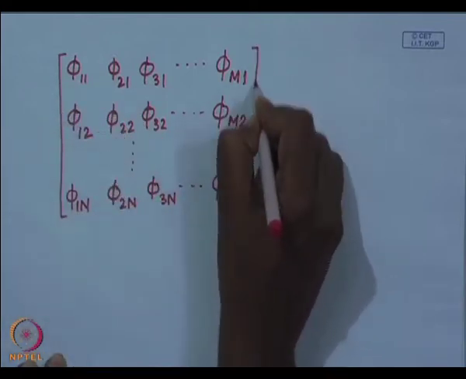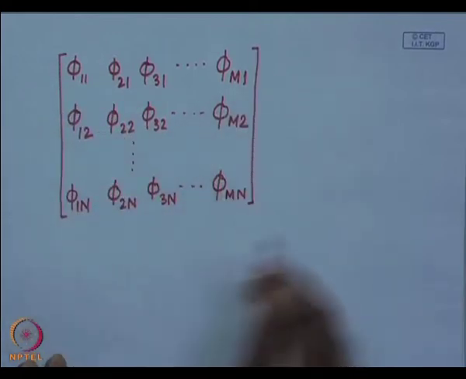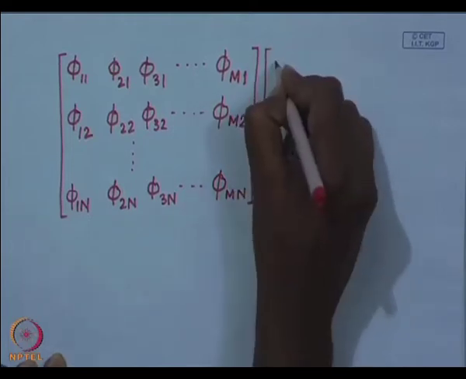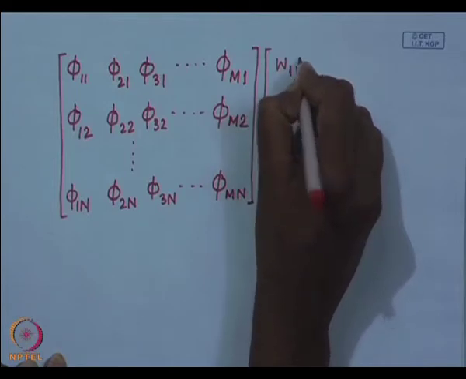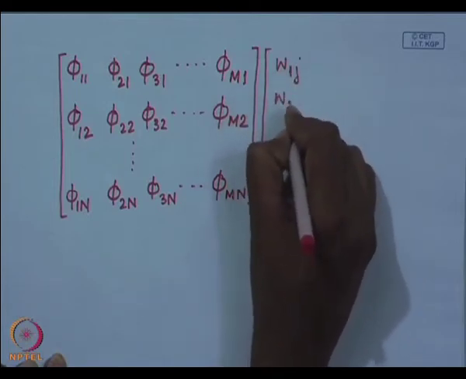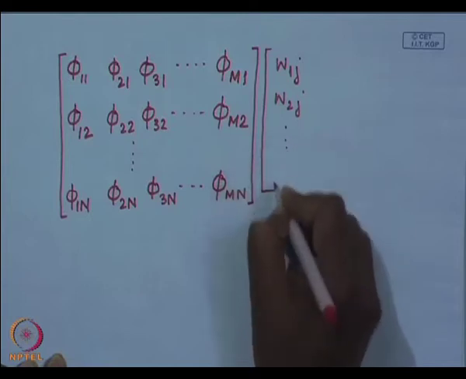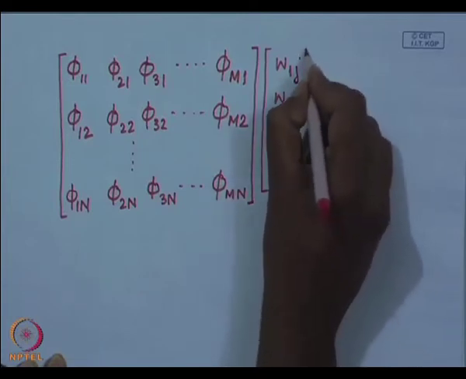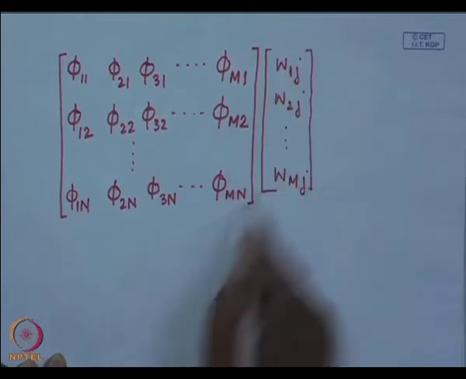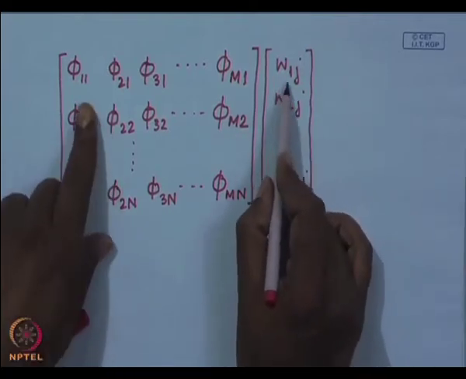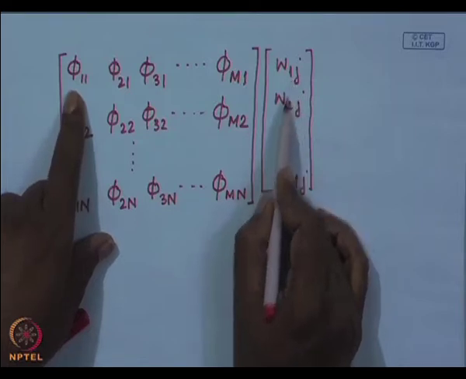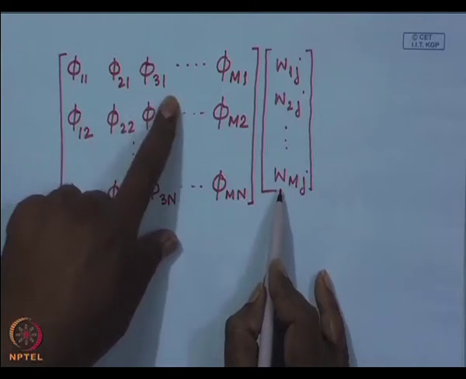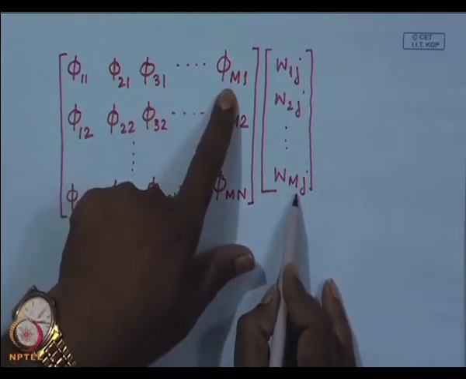multiplied by W 1 j, W 2 j up to W m j. So, you find that what it computes is W 1 j times phi 1 1 plus W 2 j times phi 2 1, continue like this, W m j times phi m 1.